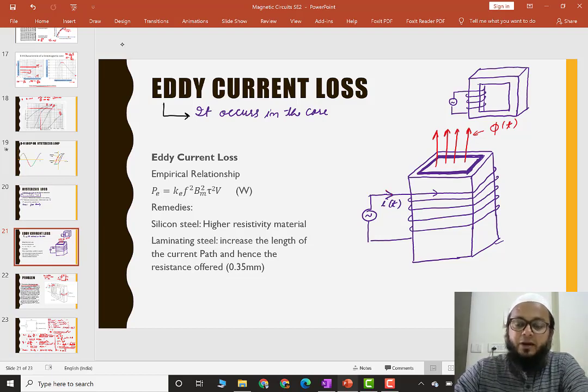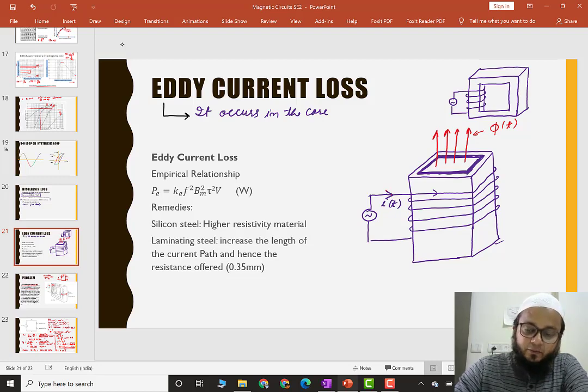Now, since this ferromagnetic core itself is conducting in nature, a good conductor of electricity, what will happen is, in this solid block, this conductor is also experiencing a change in magnetic field.